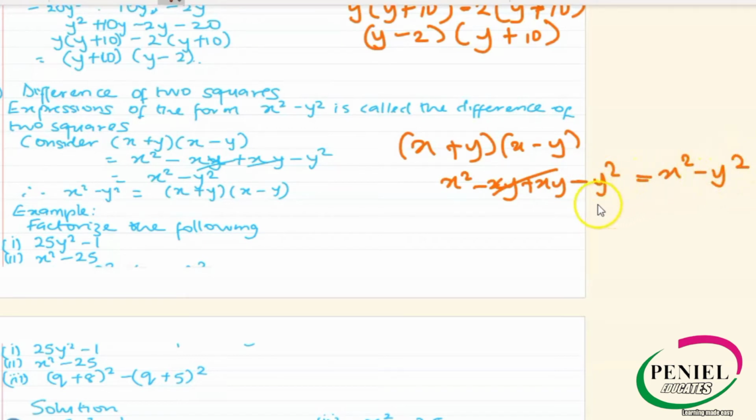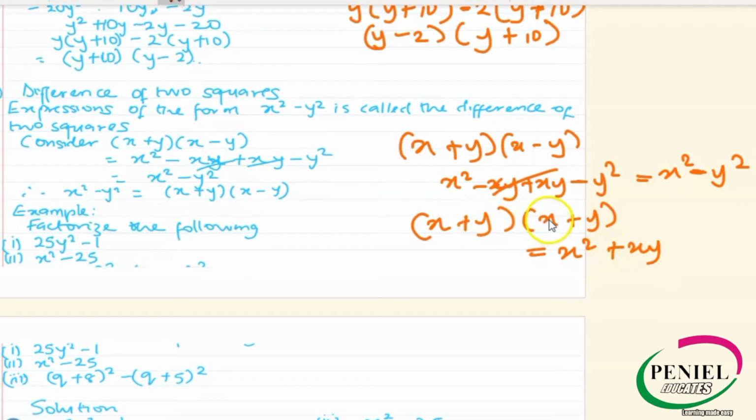So don't forget that we have x plus y, x minus y for this, which is x squared minus y squared, giving us a difference of two squares. You have a difference of two squares. If you have also x plus y into x plus y, what is this one going to give you? x multiplied by x is going to give you x squared. x multiplied by y is going to give you plus xy.